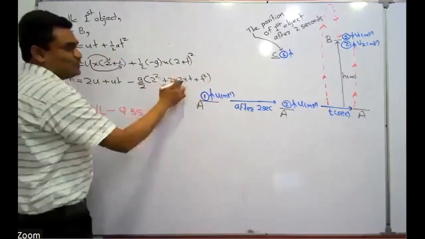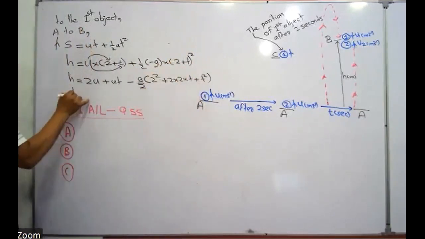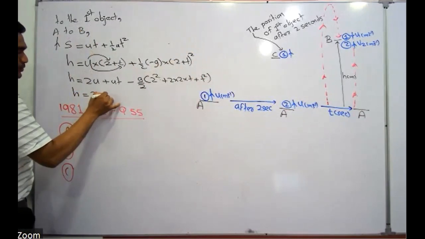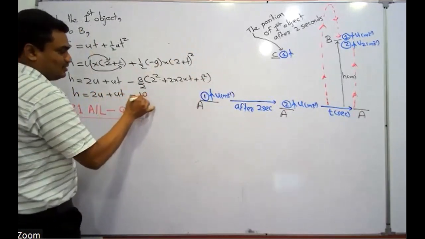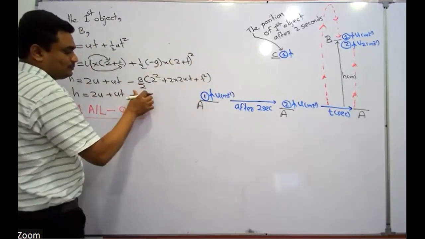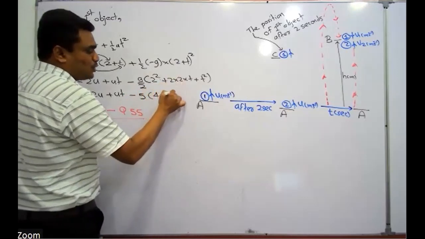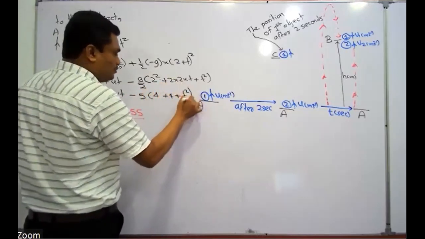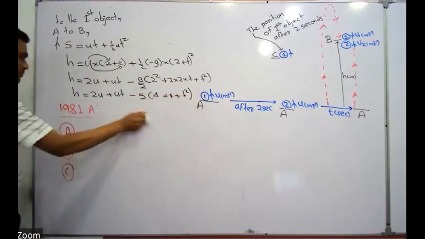So what will I get? H equals 2u plus ut minus g, which is 10, over 2, that is 5, times (2 square is 4, 2 times 2 times t is 4t, plus t square). Remove the brackets and try to simplify this.